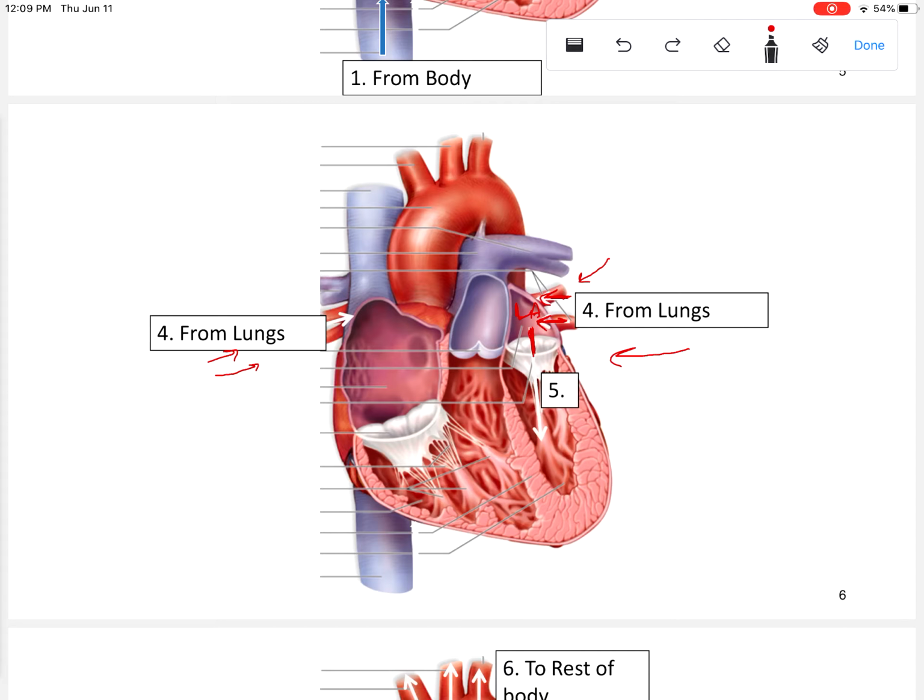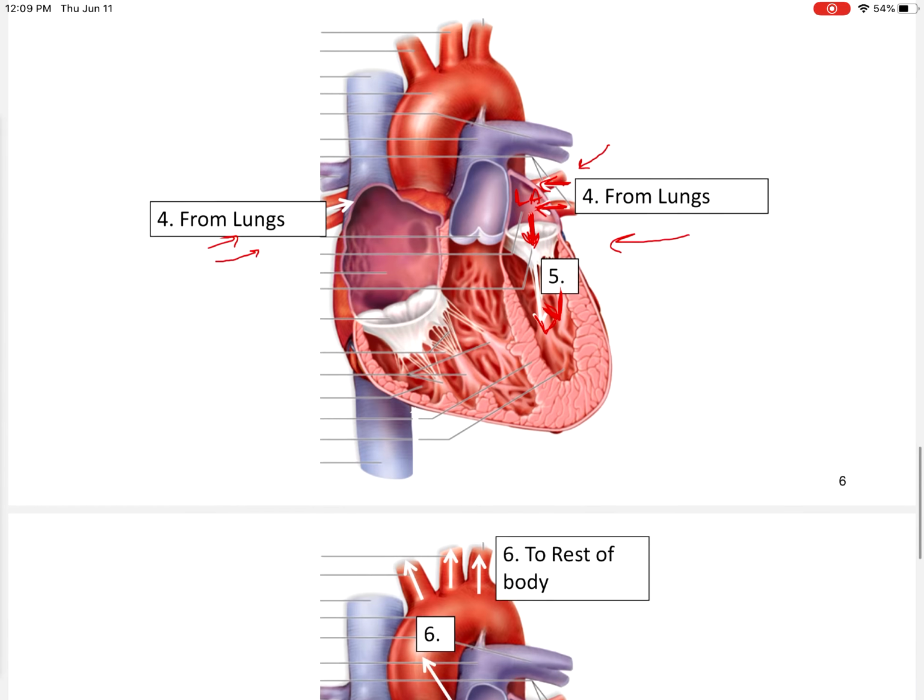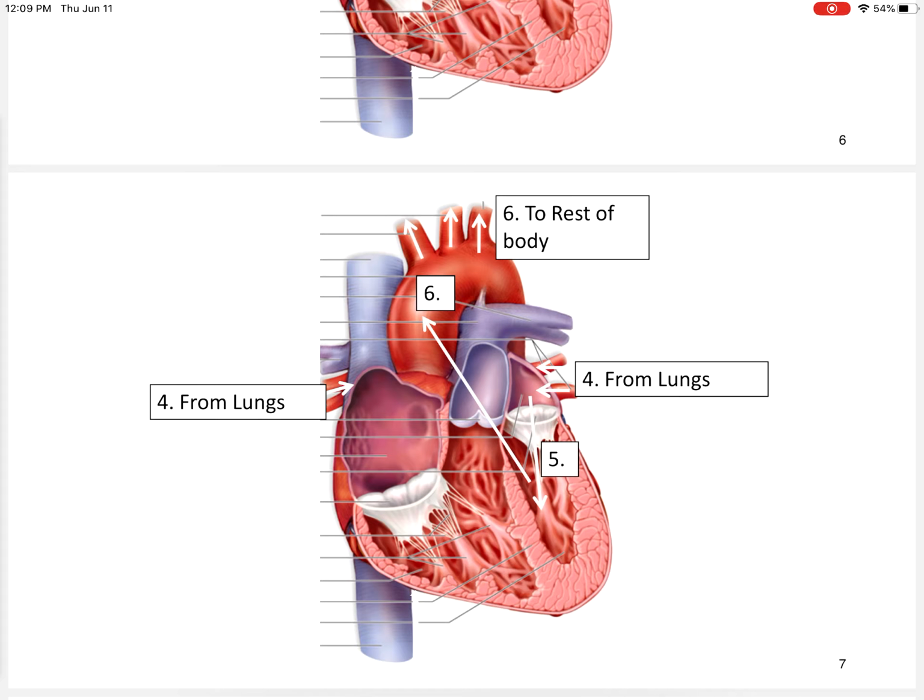Then, when the left atrial wall contracts, the blood is going to move through the bicuspid or mitral valve into the left ventricle. So when the left atrial walls contract, the blood is going to move through an open bicuspid or mitral valve into the left ventricle.